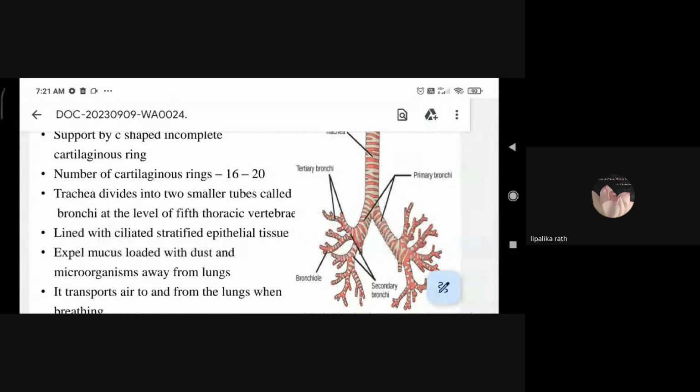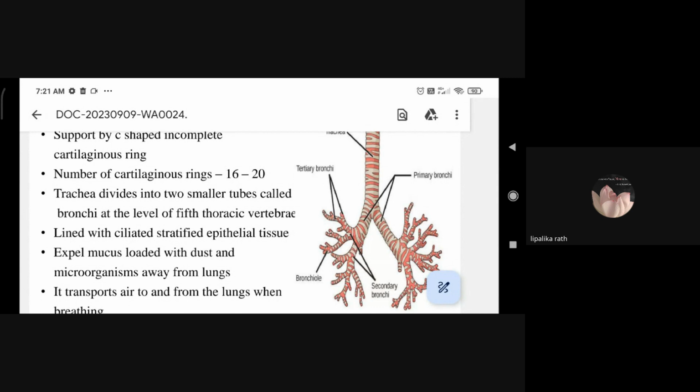So the number of cartilage rings is 16 to 20 almost. These cartilages are present in the trachea to prevent collapse. If these cartilages were not there, then the trachea may collapse with the esophagus, because they are very close.